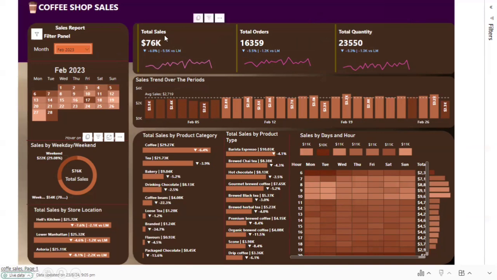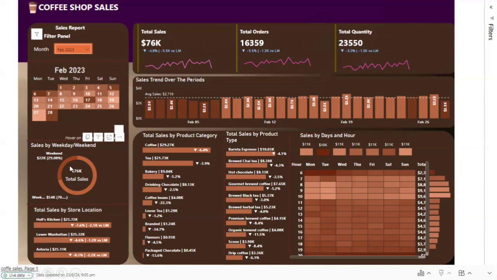Of course, total sales is correlated to total orders, and total orders is correlated to total quantity. If quantity drops, orders will drop as well as sales. Here there is a drop of 5.5% in total orders, which is 1.2K compared to last month. In quantity also, it dropped by 5.3%, which is 1.3K compared to last month.